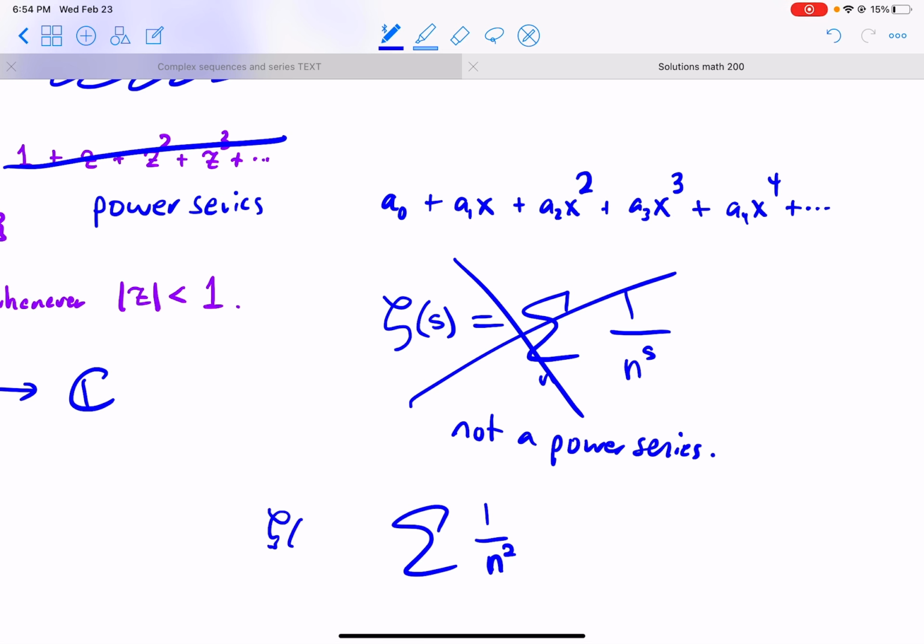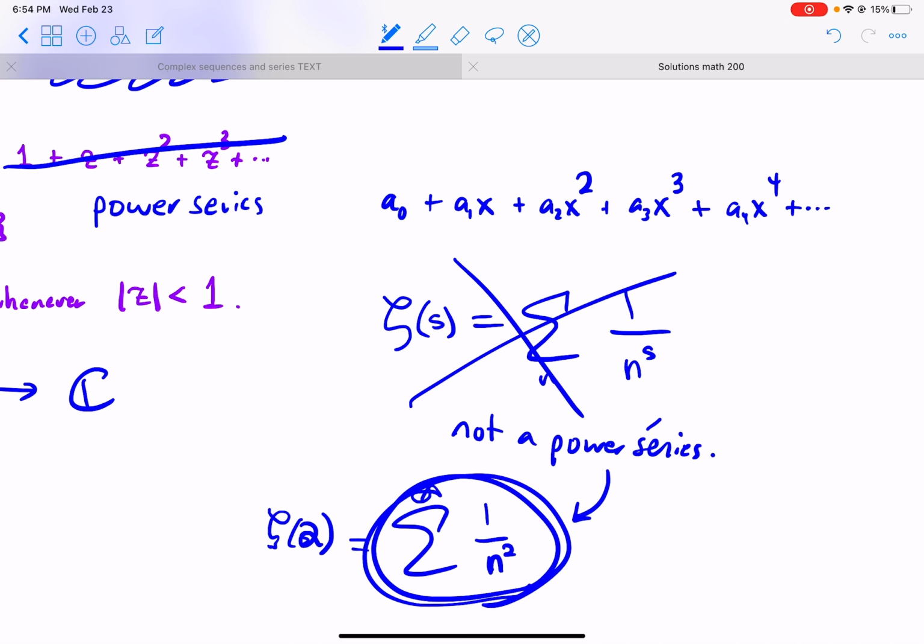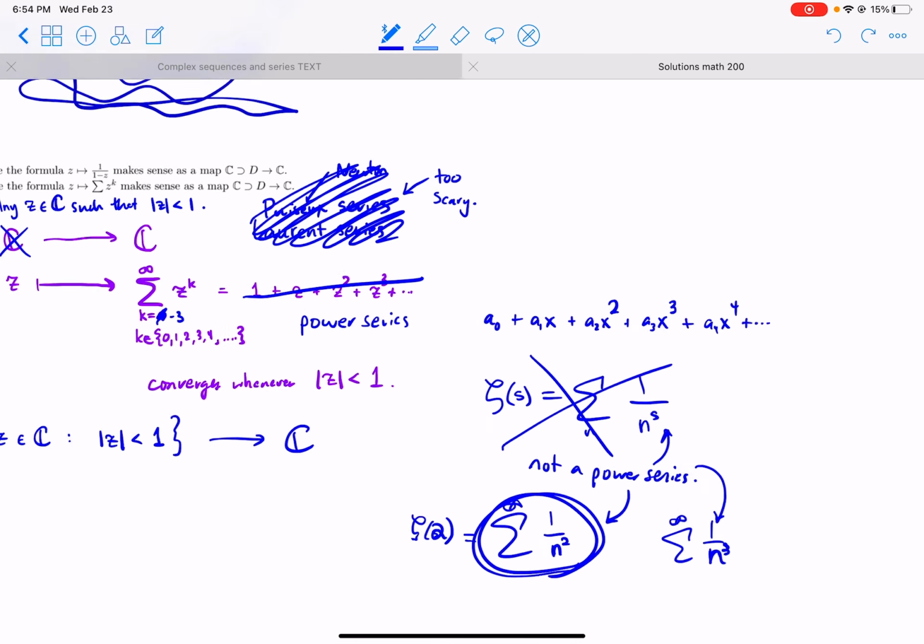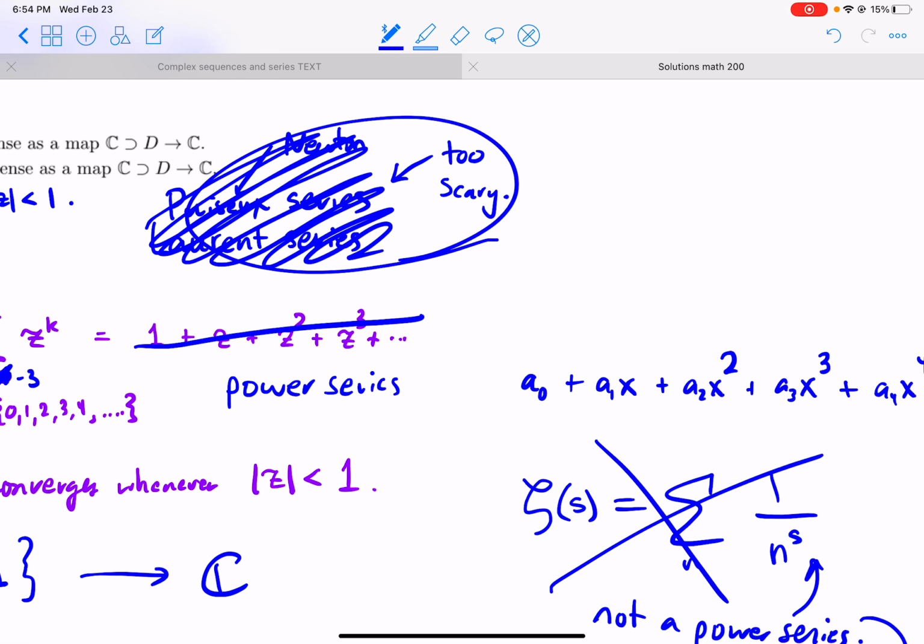Zeta of 2 is this. This is not a power series. The sum of 1 over n is not a power series. It doesn't even converge, but, well, okay, let's make it converge. 1 over n to the third, this is not a power series. All these are not power series, they're too scary.